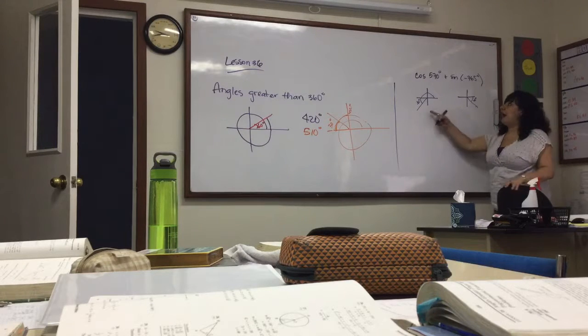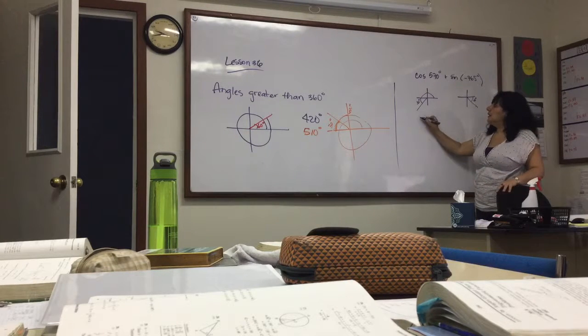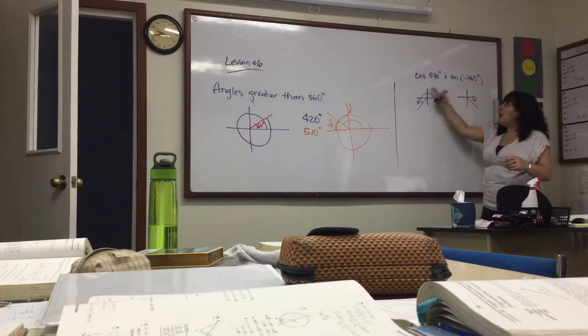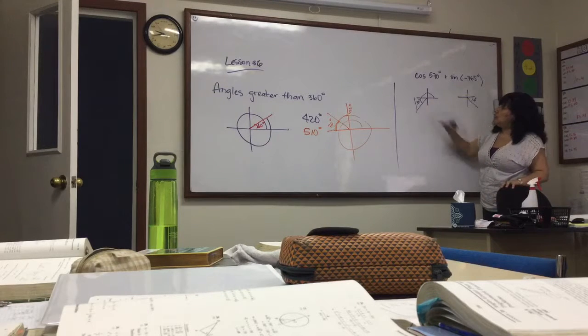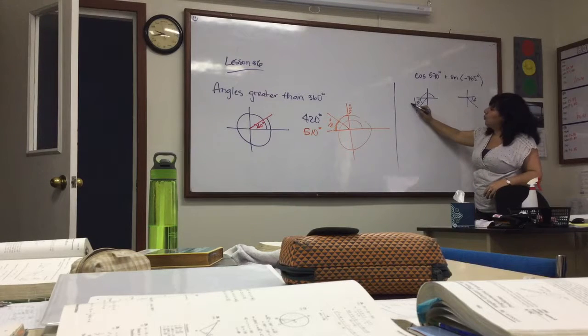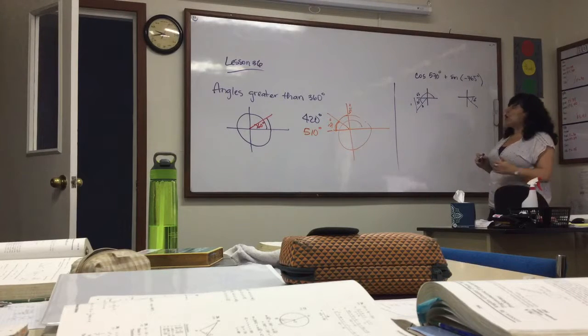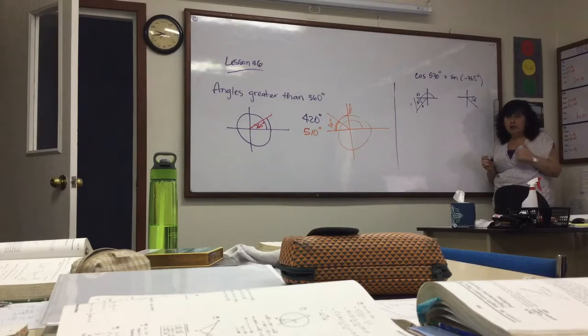So we've got the cosine of 30 in the fourth quadrant. This is a 1, this is 2, and this is square root of 3. Cosine is adjacent over hypotenuse.